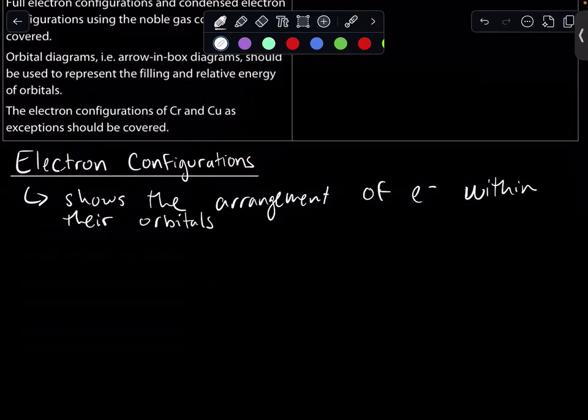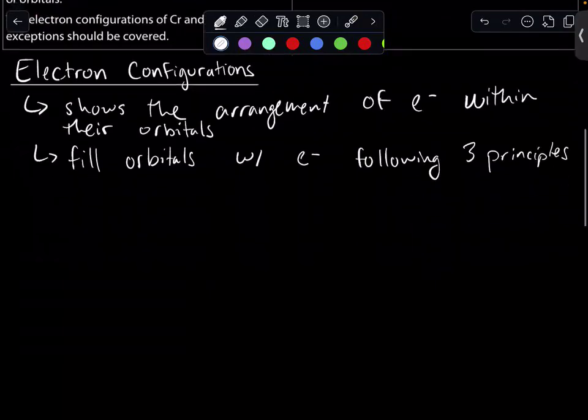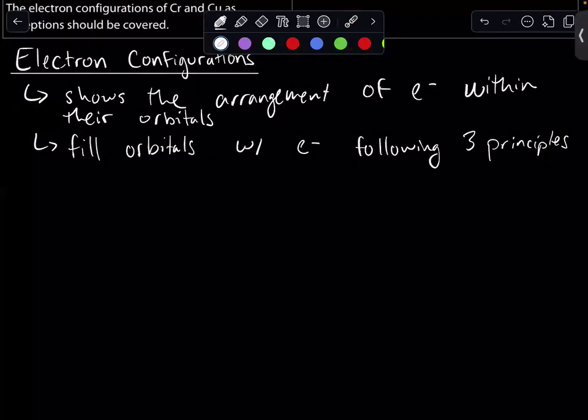So we're going to be able to show where each electron is within its orbital. And furthermore, this helps us because we have to fill orbitals with electrons following three principles, which I mentioned at the top of this. So we're going to cover these three principles first.